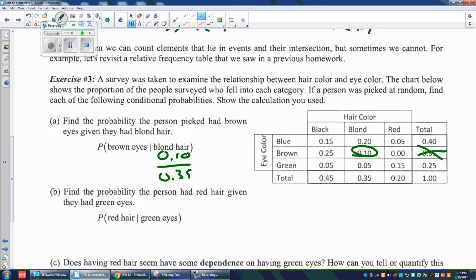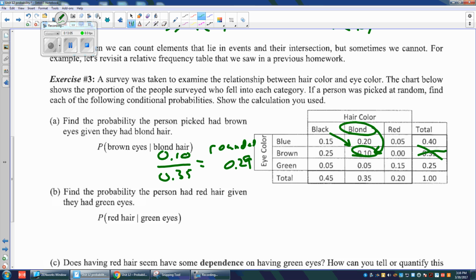I'm looking at that, because the condition is you have to be blonde already. Now we're looking for how many of them have brown eyes. You can do that, and we can either leave it like that or round: 0.29.